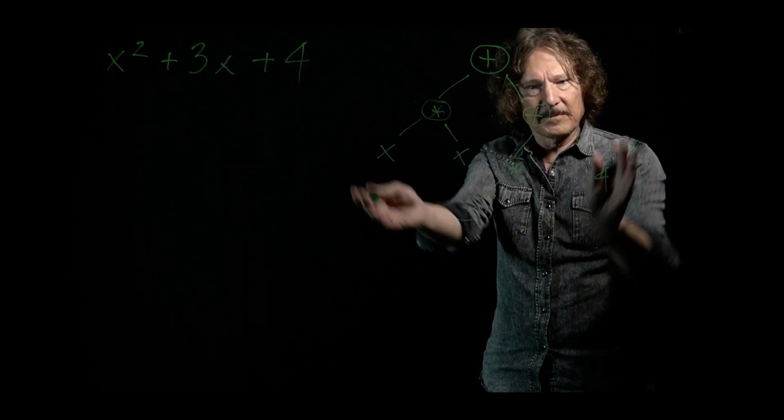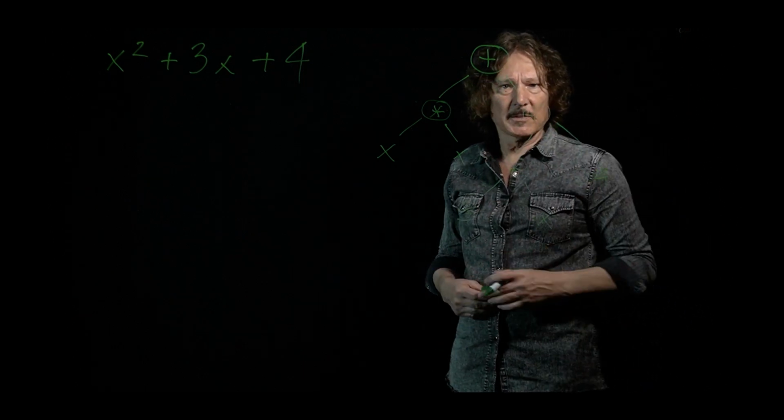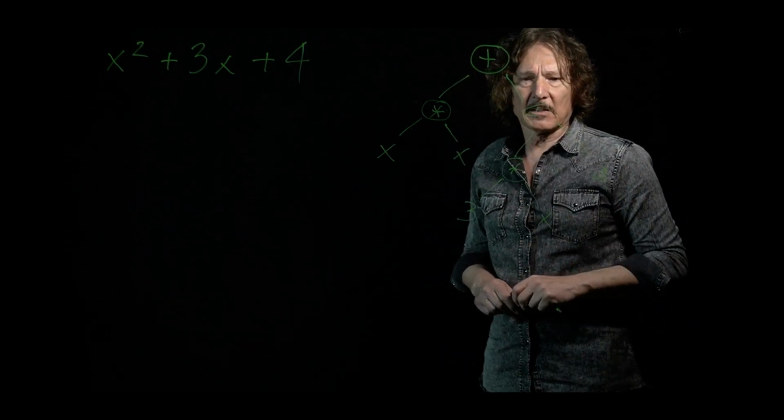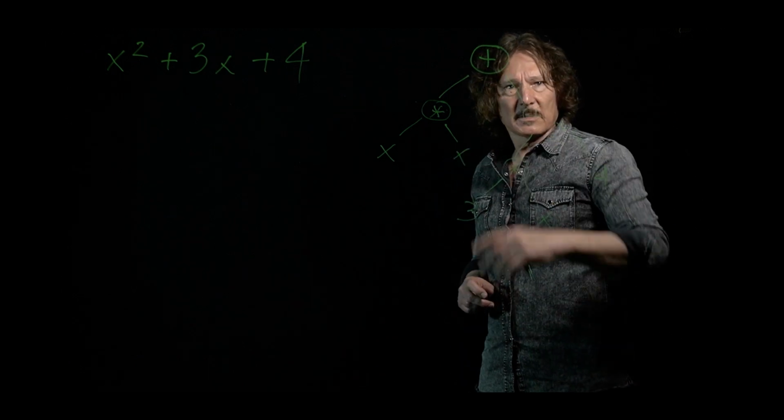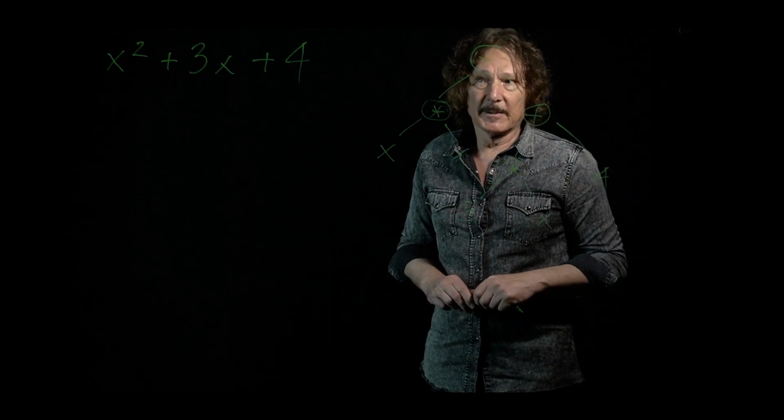So this is a data structure. So now we are looking at it from the programmer's point of view. We have a data structure, and we can encode this data structure in a language, in Scala, for instance, right?